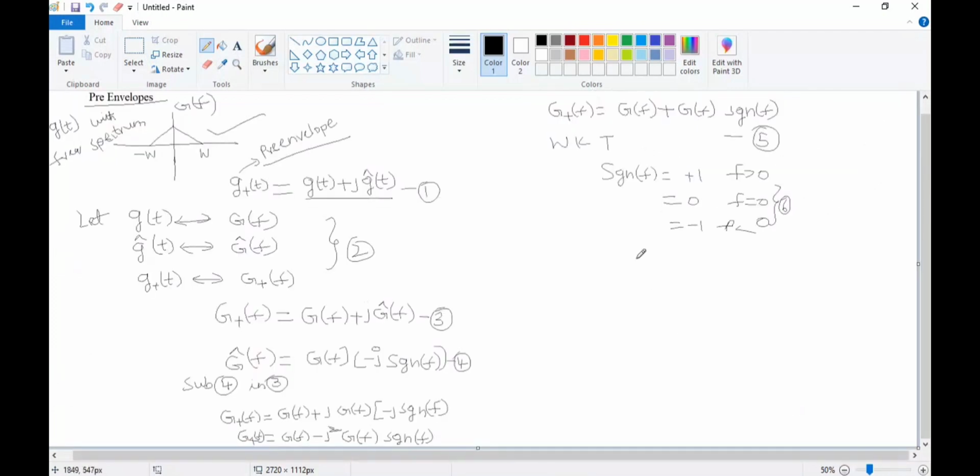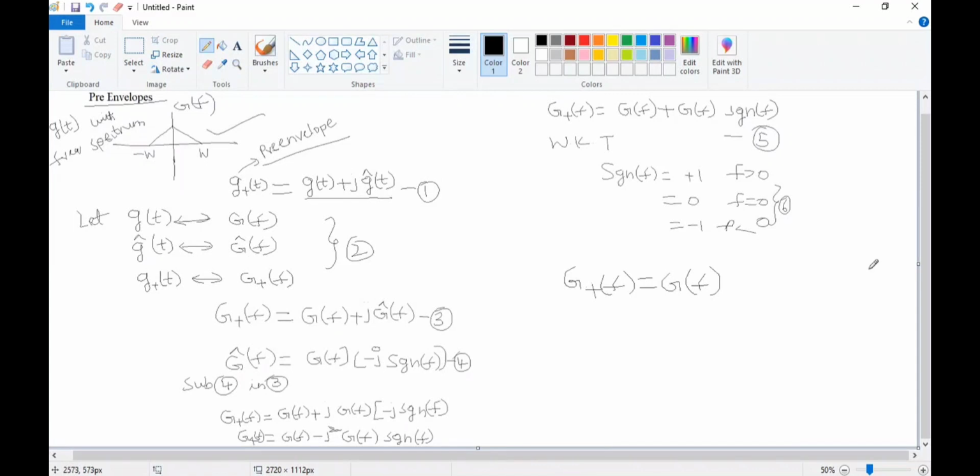So G plus of f is equal to G of f. Let me first take f greater than 0.